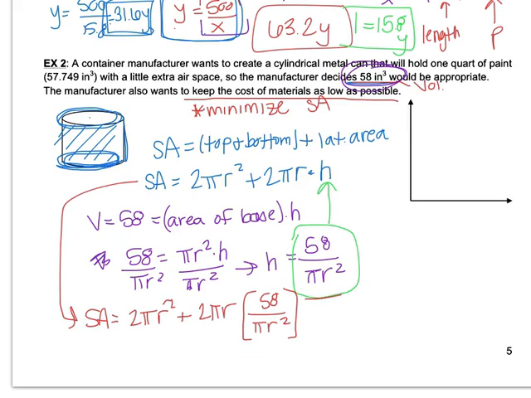This one you can simplify pretty easily if you look at this section right here. I can cancel out my pi's, and I can cancel out 1 r, leaving 1 on the bottom. So what I'm going to type into my calculator is this: 2 pi r squared plus, and then I've got 2 times 58. So you might as well just type in 116 over r. So that's the simplified one, and you can go ahead and type that into your calculator.